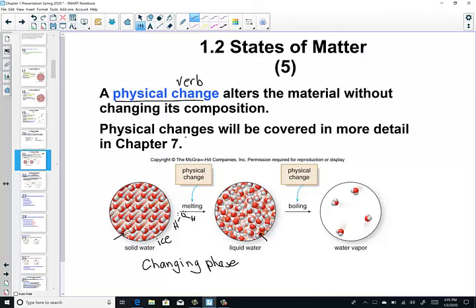And if I have a next phase change by continuing to warm the molecules, I'll go from a liquid state to water vapor, the gaseous state. But notice again, I have the same chemical composition. It's still the same compound. It's just relating to the organization of the molecules. So I represent the physical change.